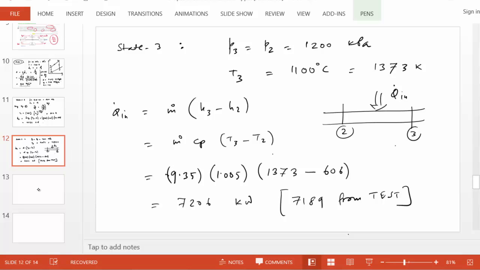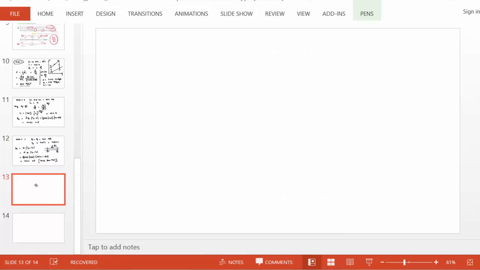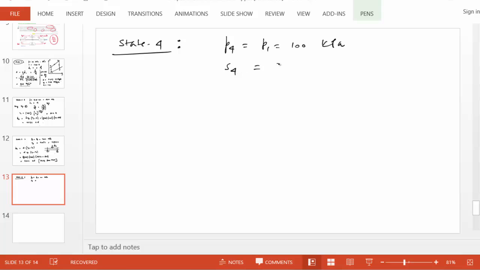So the final device, or final state, is state 4. Recall that's the turbine exit state. So P4 is P1, and we know entropy at S4 and S3 are constant.